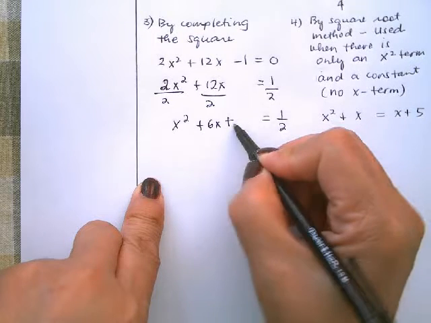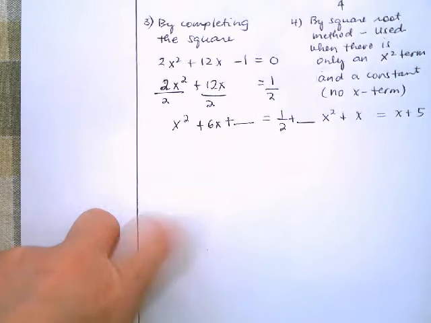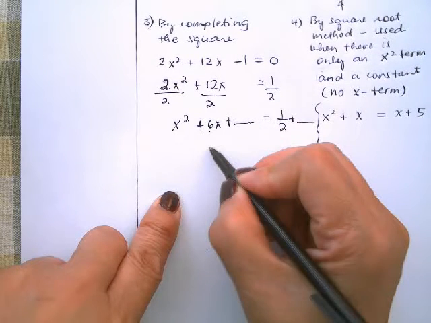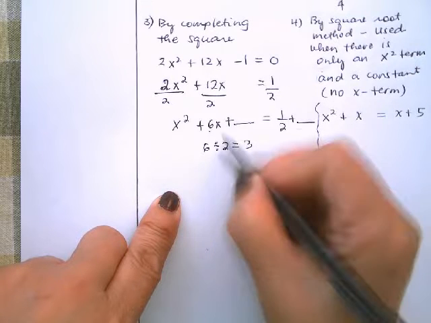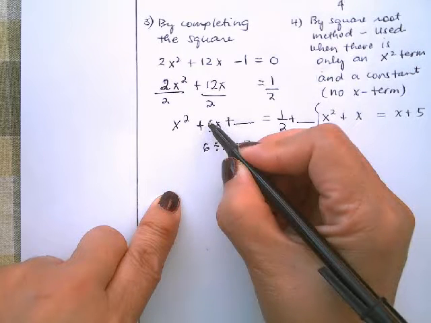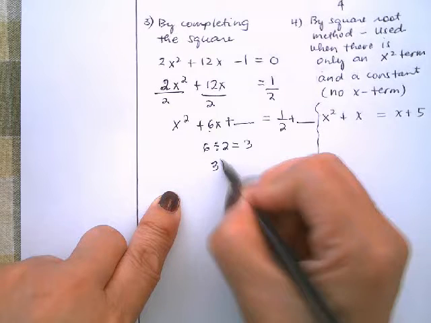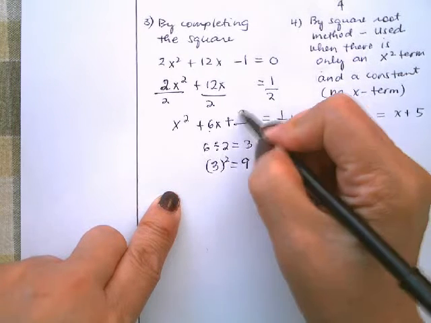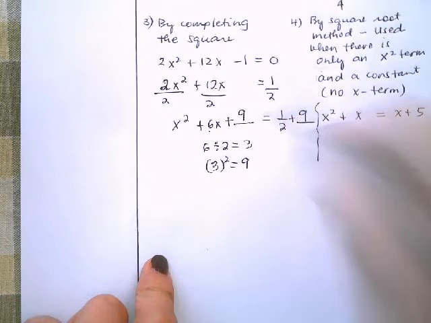Then we have to add a number here that will complete the square to both sides. So to get that, you divide that by 2. So we get 3. Whatever is the coefficient of x, that's what you will look at. So then you square whatever you got here. So that's 9. So we're going to add 9 here, and we're going to add 9 on the other side.